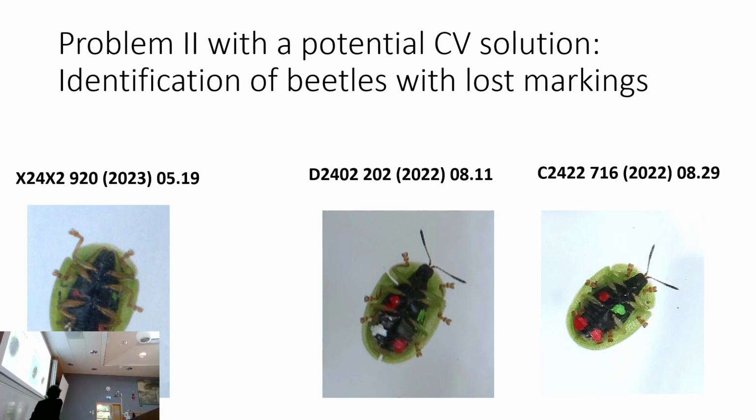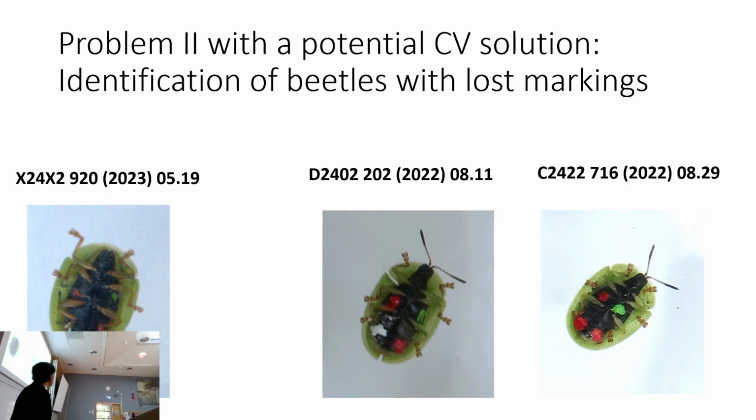And since this marking is done by hand, the markings end up in different positions and they have different shapes. So that's what we actually now use in order to identify the beetles with lost markings. And it works, but it takes a lot of time.